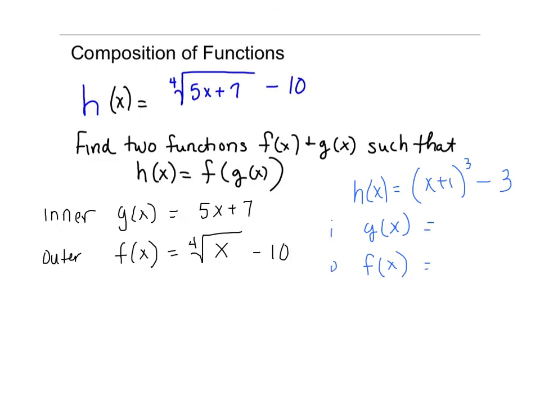All right, so the outer function is going to be something to the third minus 3. The inner function is going to be x plus 1. And then in order to put the inner into the outer, you put an x here and you're done. So you're peeling it into more than one function. These are not piecewise functions, they're just composition, where you use one inside the other. And that's it for this example, and I'll see you in class.